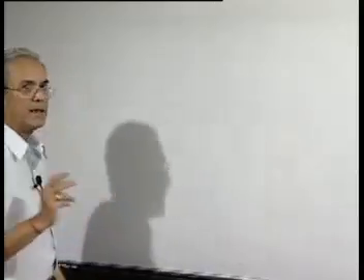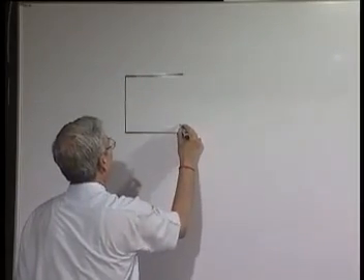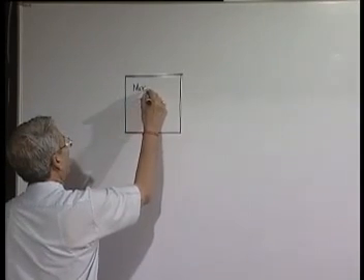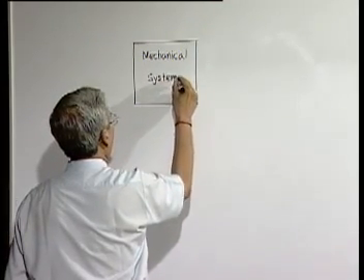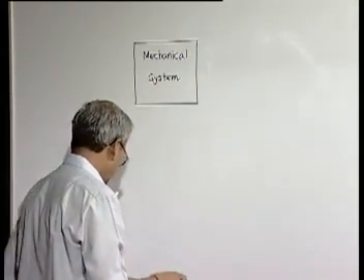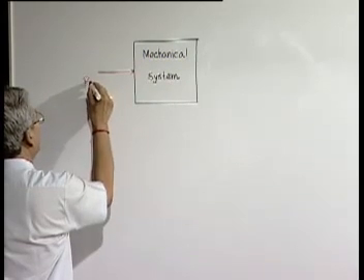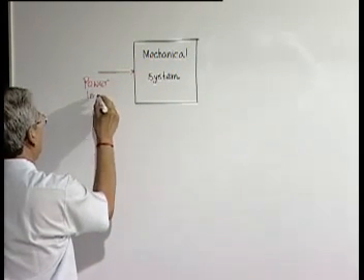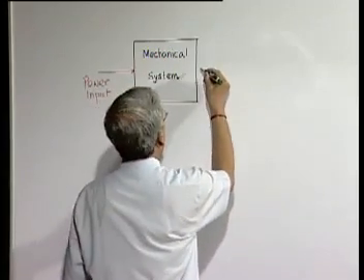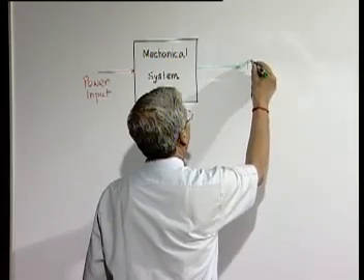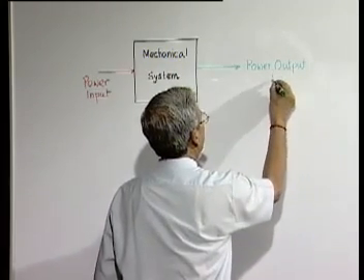If we take a mechanical system, then its condition can be generally specified by two things: how much power input is there, and how much power output plus losses.